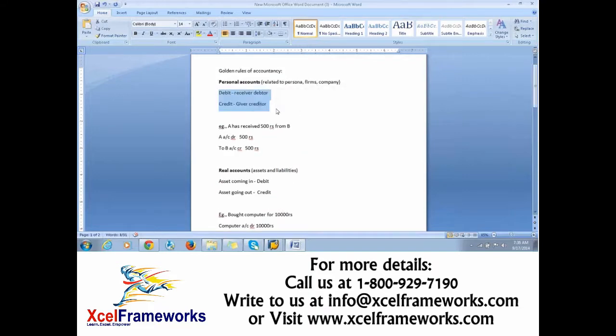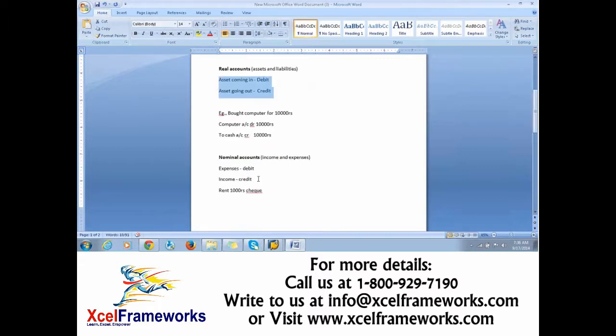These are the rules for personal accounts, these are the rules for real accounts, and this is for nominal accounts. Okay. So shall we start off with SAP config? Okay, I will use USD instead of INR from now on.